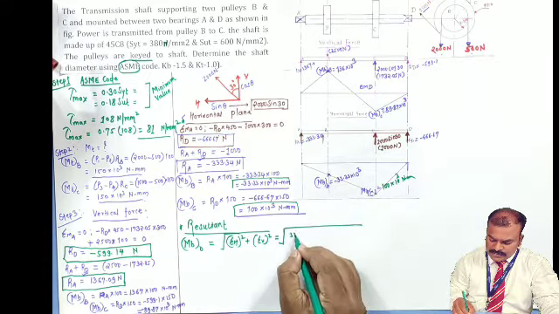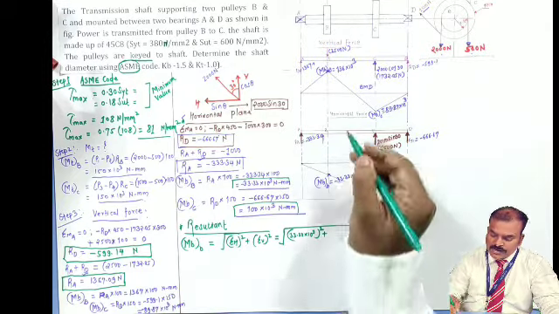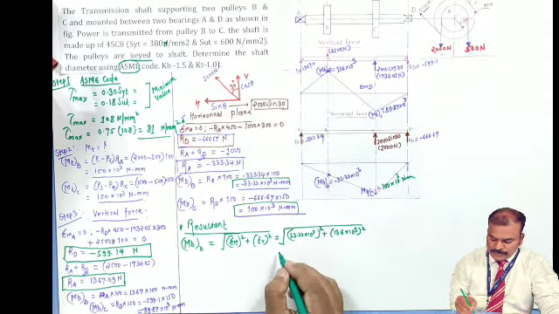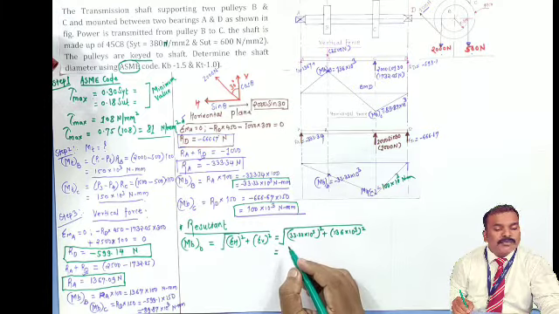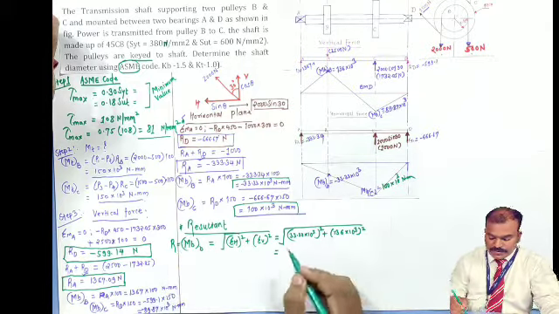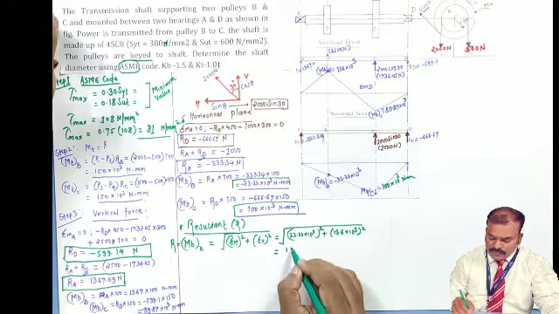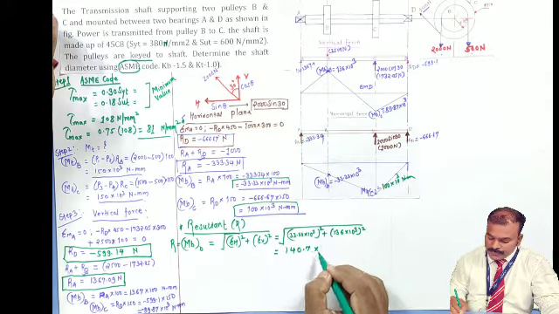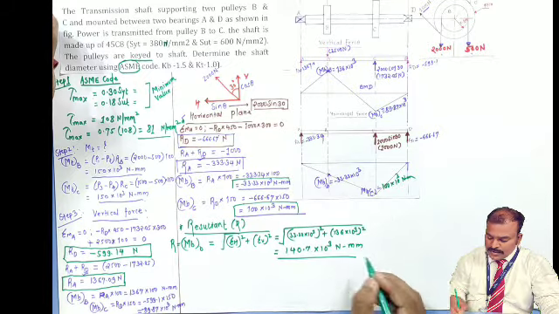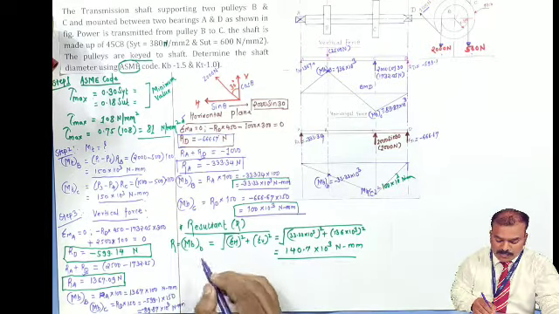So I'll write (33.33 into 10 raised to 3) squared plus vertical (136 into 10 raised to 3) squared, through which I'll get the maximum bending moment, the resultant bending moment. Clear? So I'll get 140.7 into 10 raised to 3 Newton mm. So this will be the resultant bending moment at pulley B.